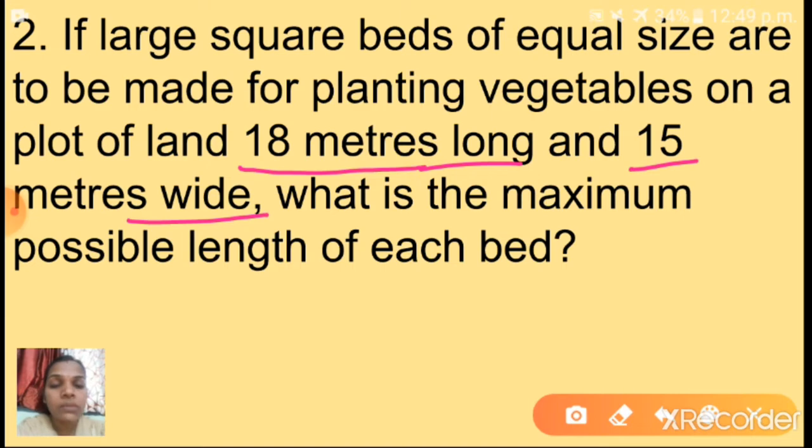Okay, your question is, one land is there, the length of the land is 18 meters, and the width of the land is 15 meters, and we have to make square beds to plant vegetables, and every bed should be of equal length. Okay, what is the maximum possible length we have to find?